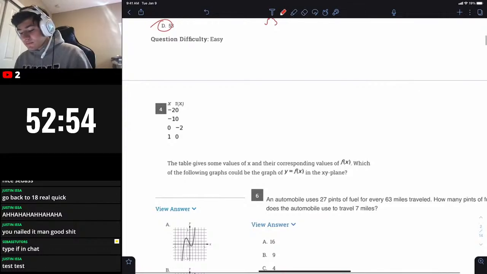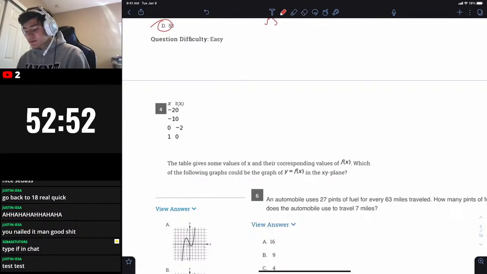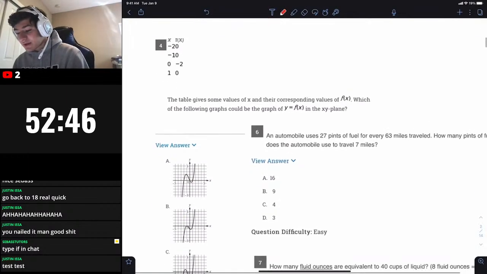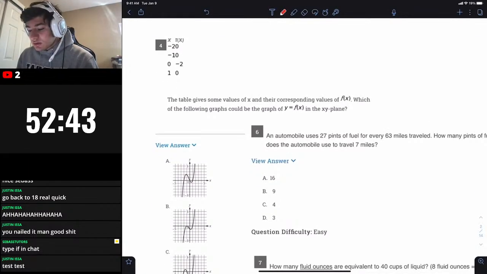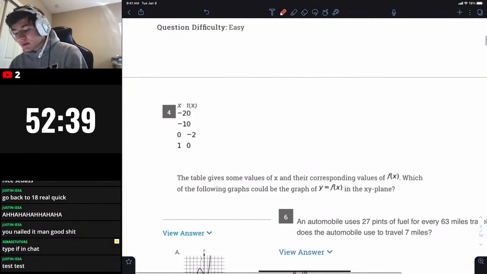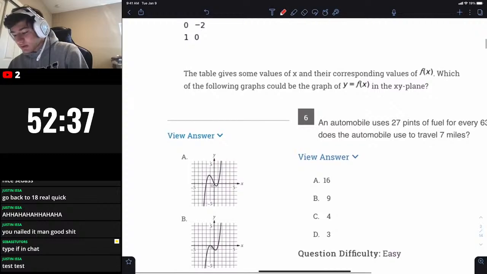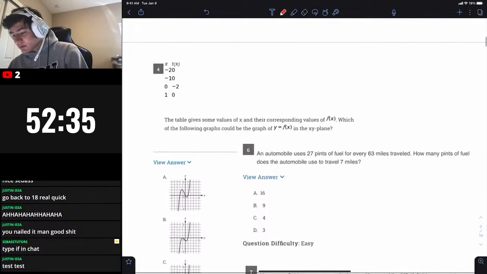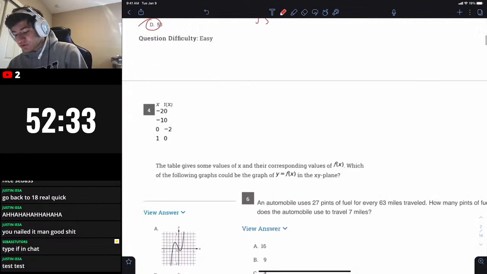Alright. Some values of x and their corresponding values of f of x are shown. Which of the following graphs could be y equals f of x in the xy plane? This graph looks a little weird. I'm actually not sure what's going on here, but we'll try to answer it.